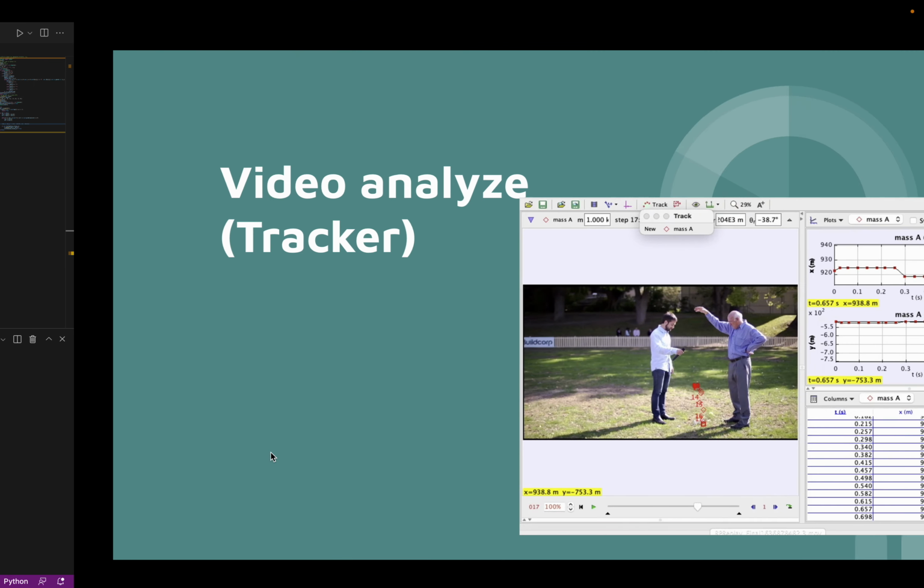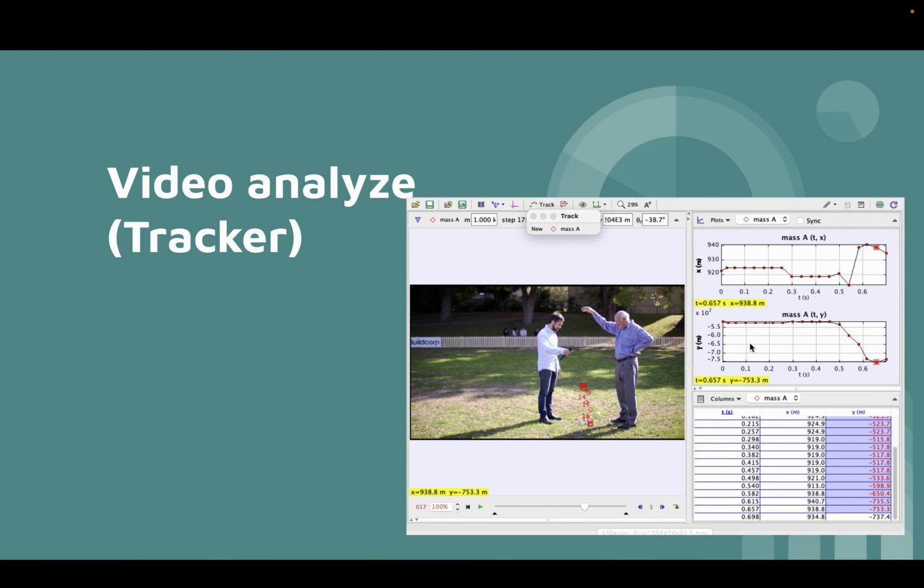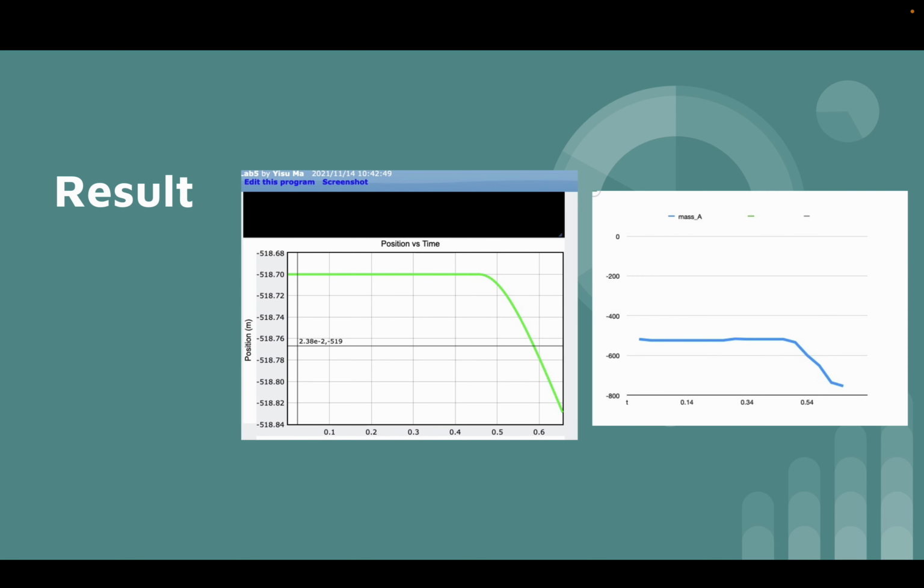Okay, so you can see the graph of the y position is a little bit deviated because of human errors, but it has a similar trend as my prediction model, and you can see that, as in the video, the bottom of the slinky does stay stationary at the beginning. And here is our result.